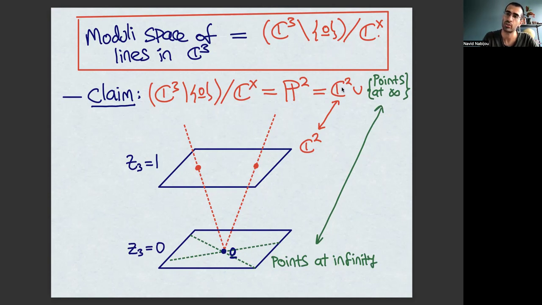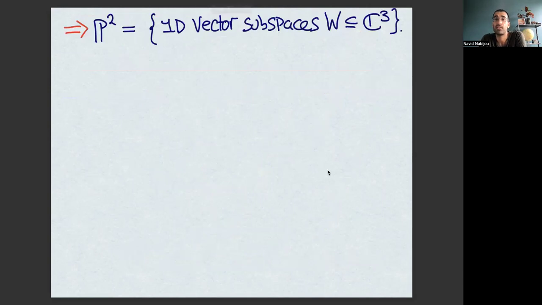And I interpret it as a point of C2 if it's not in this Z3 equals 0 plane, and otherwise I interpret it as a point at infinity by thinking of these asymptotic directions. So the conclusion here is that P2, this space that we introduced at the beginning using these ideas from projective geometry, I can actually think of as a moduli space, meaning that every point in P2 corresponds to some geometric object, which in this case is these lines in C3, so these one-dimensional vector subspaces of C3.